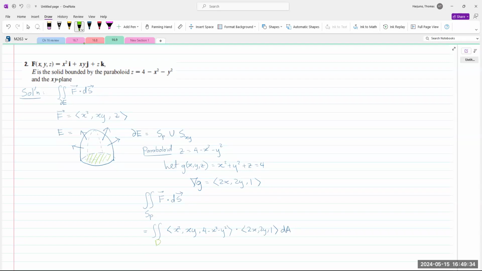That's the disk D. D is a circle centered at the origin with radius 2.